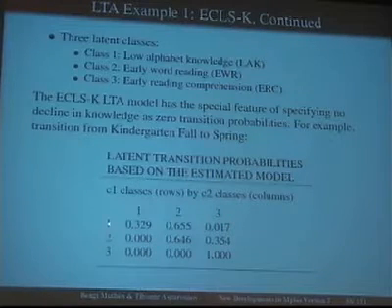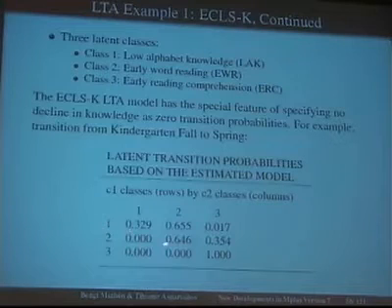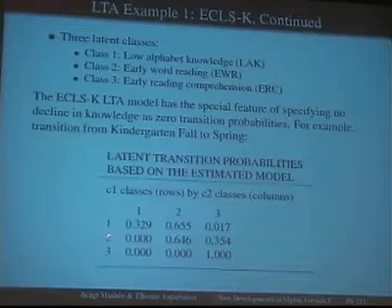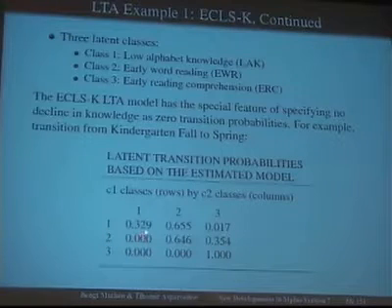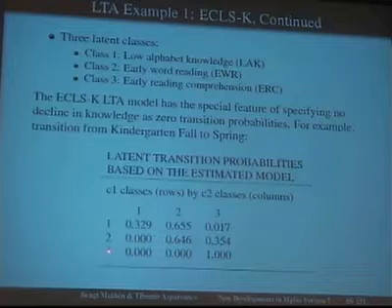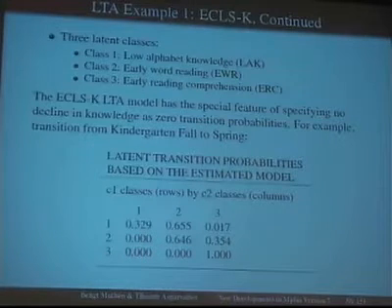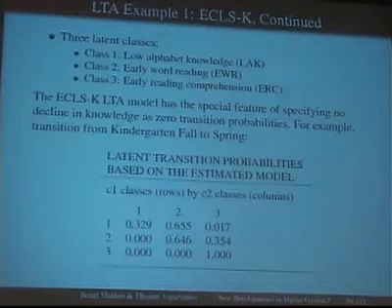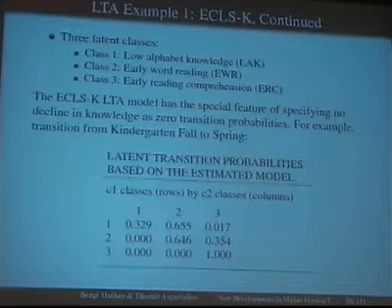Likewise, those who start in the middle class, early word reading, 65% of staying there, but 35% of moving on. Here are the 0 restrictions that we say. We say that starting in class 2, you have 0 probability of going down to class 1. Likewise, starting in class 3, you have 0 probability of going down to classes 1 or 2. It's just a specific structure that Kaplan was interested in capturing. It's not typical for LTA, but it's a specific application.